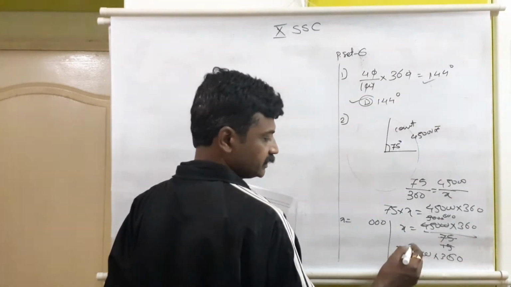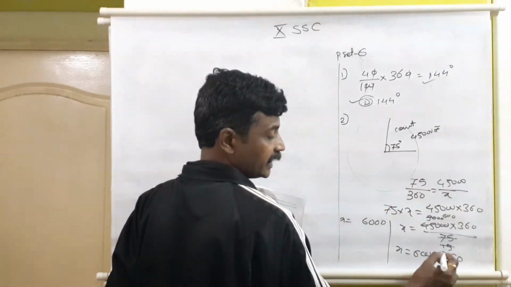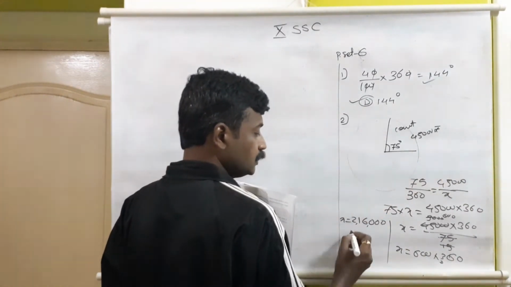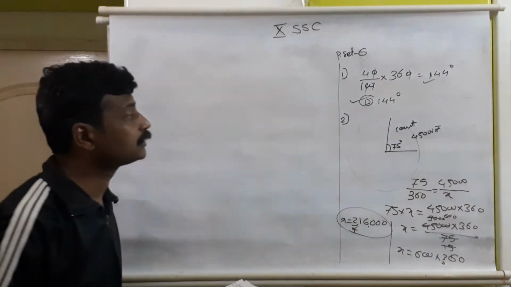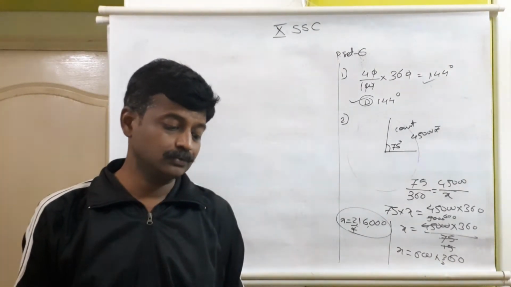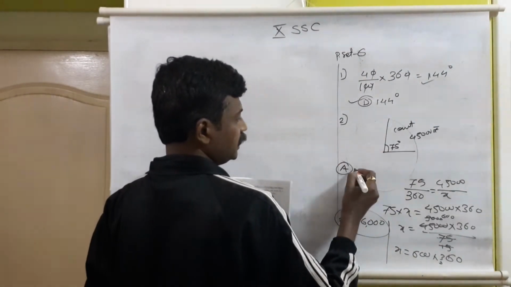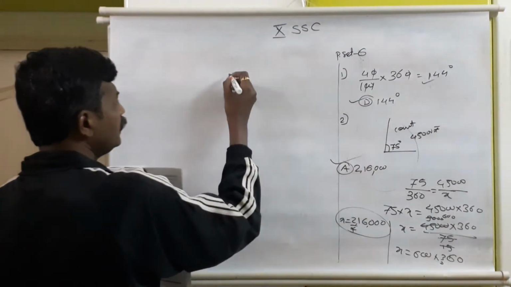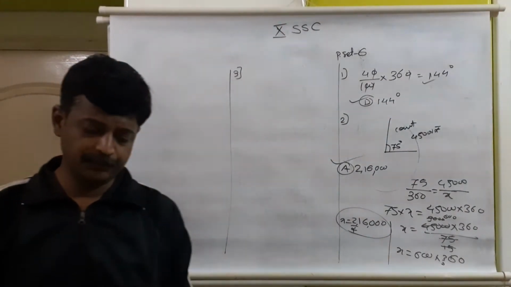Then 6 into 36: 6 6s are 36, carry 3, 6 3s are 18, 18 plus 3 is 21. So it is 2,16,000 rupees total. Here option A shows 2,16,000 rupees. So for question number 2, the correct option is A, 2,16,000 rupees.